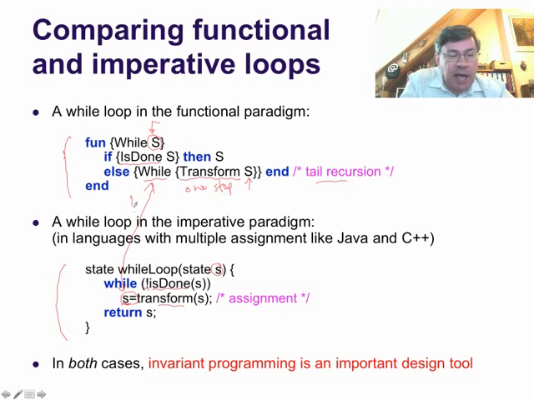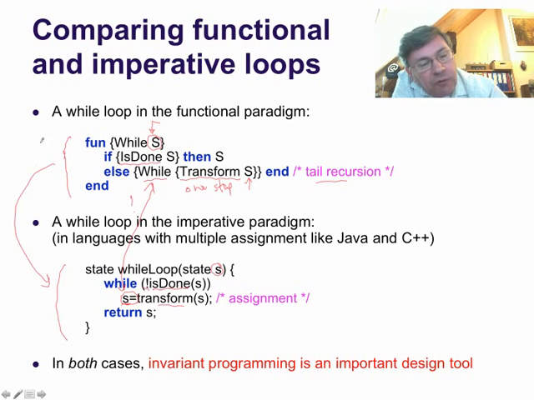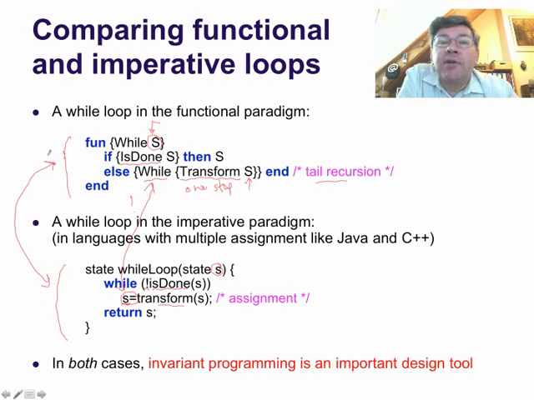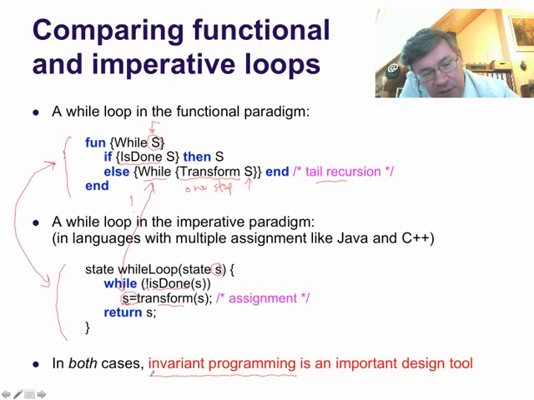So in fact, syntactically, these two solutions are very similar. You could translate one into the other automatically. And in both cases, invariant programming is the key. It is the important design tool that lets you come up with the correct loop in the easiest possible way.